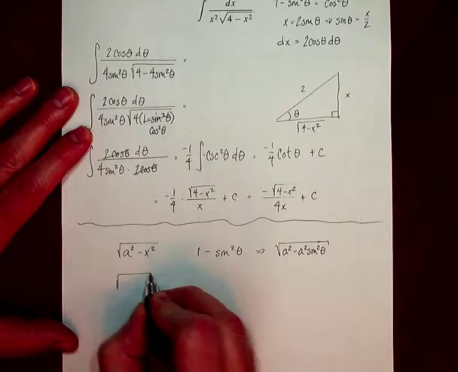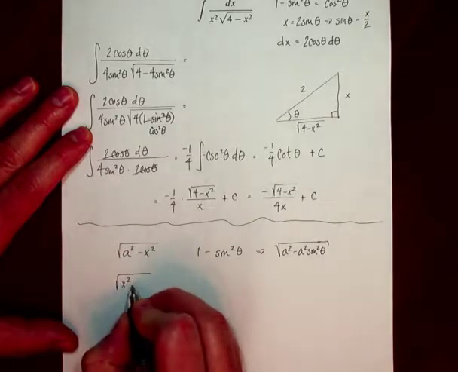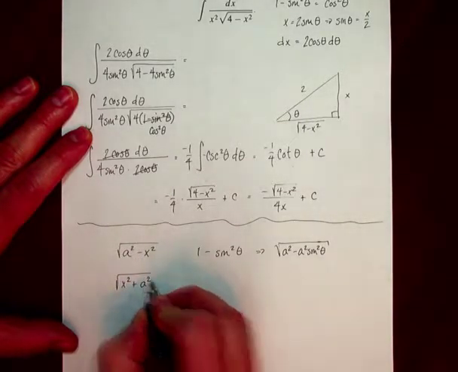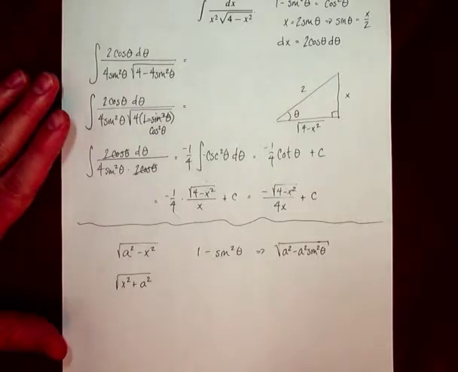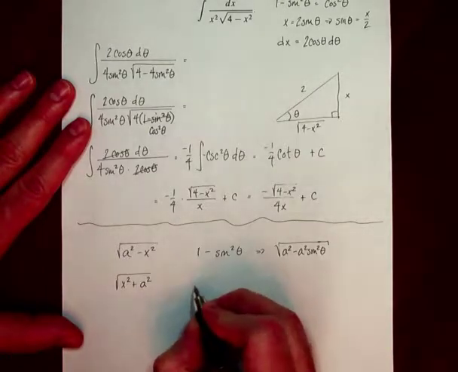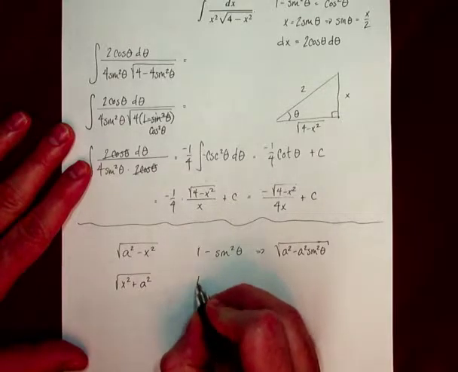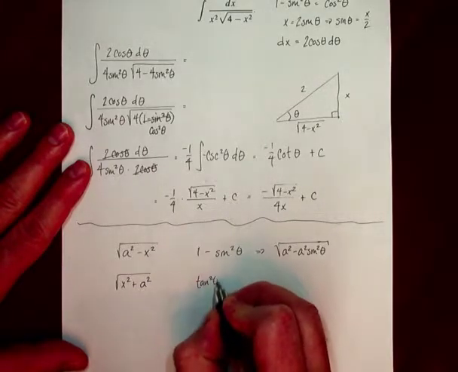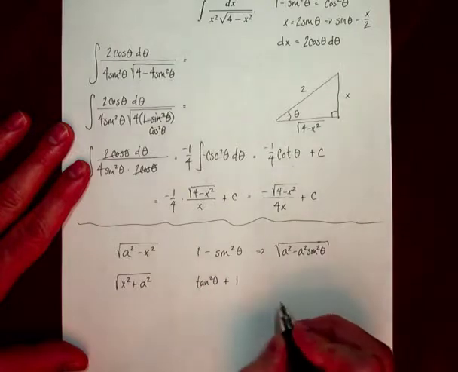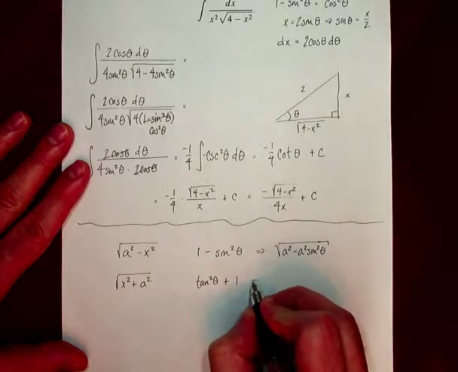Well, they're not always like that. Sometimes it's x squared plus a squared. At which point we can use a couple of them, but what we're going to be using is the tangent squared theta plus 1, because that becomes secant squared theta.